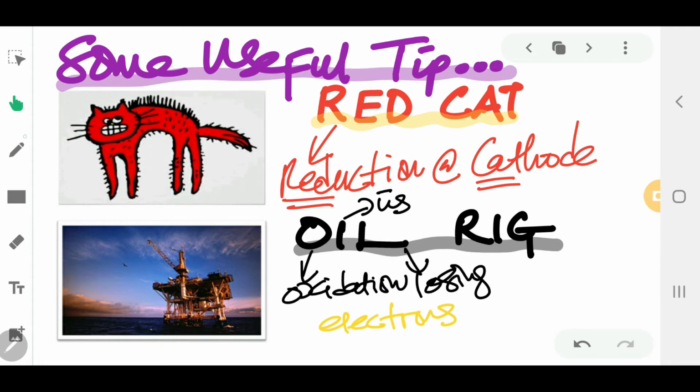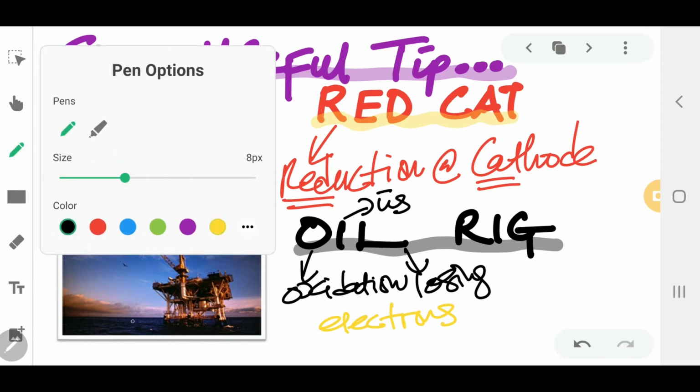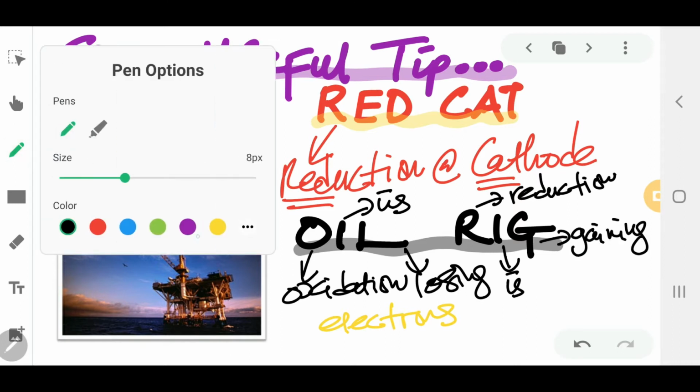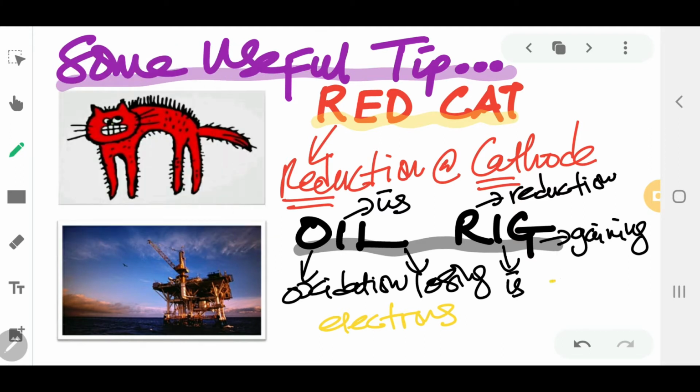What about rig? Rig is, that one is reduction. And I again is for S, and G is for gaining, and that one refers to the gaining of electrons.